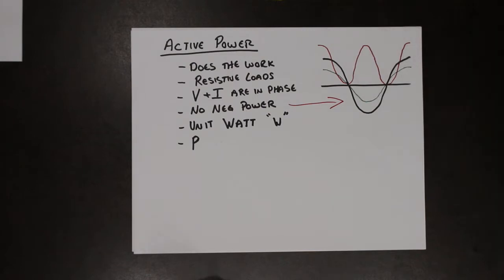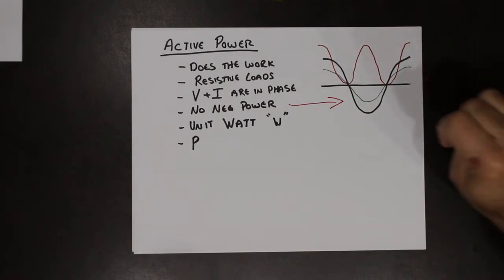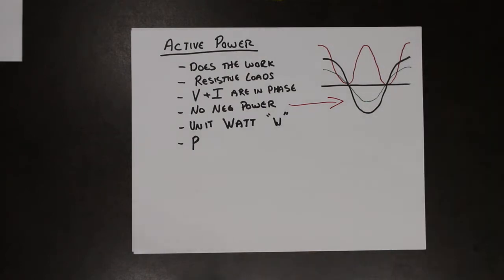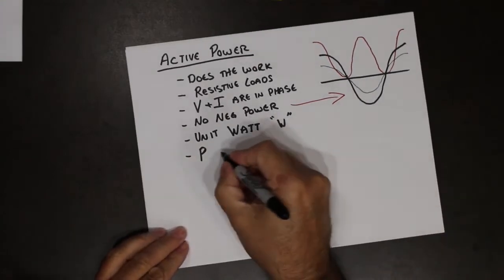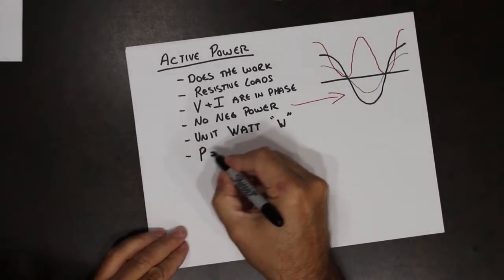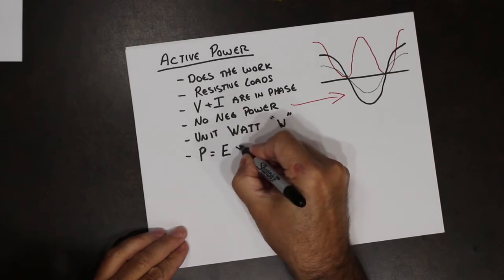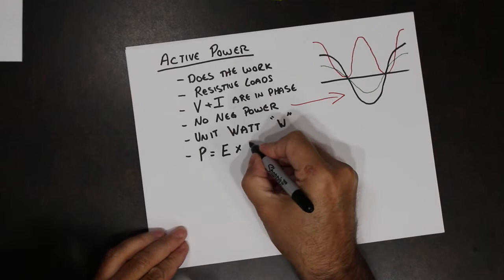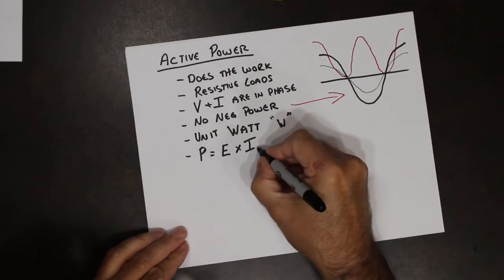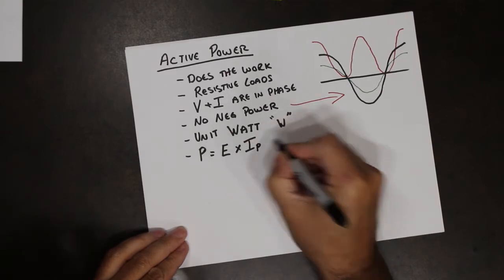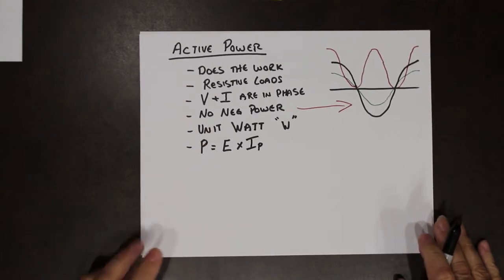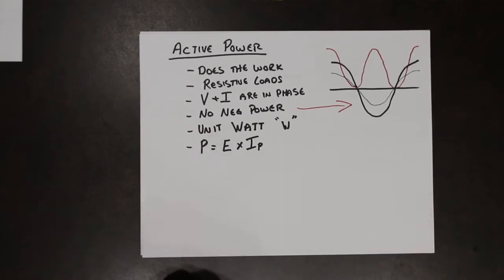The unit is the watt, and the symbol is P. Power is equal to voltage times current, and that would be active current, the current in the resistive part of the load.